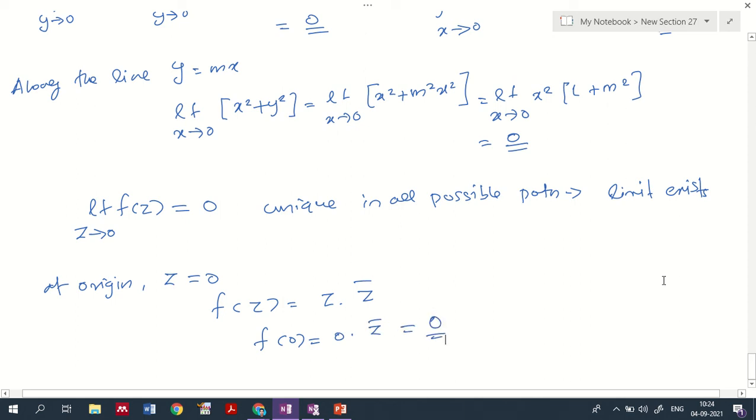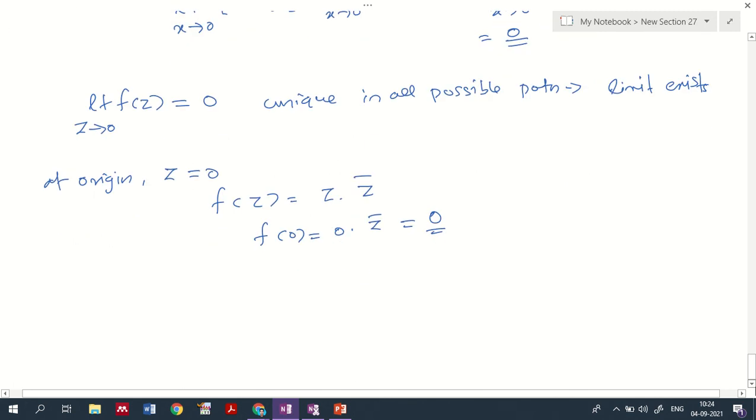So from that we understand that f of z0 will be equal to 0 in this case. And next, we also need to check that limit z tends to 0, f of z should be equal to f of 0. So we are getting the same response corresponding to that as well.